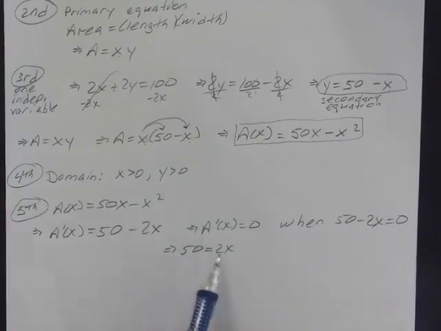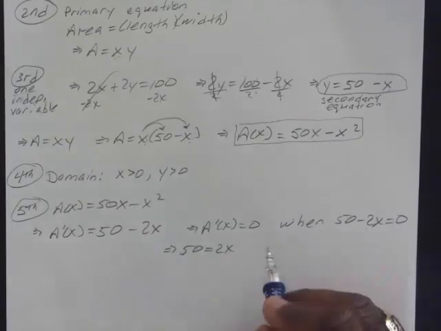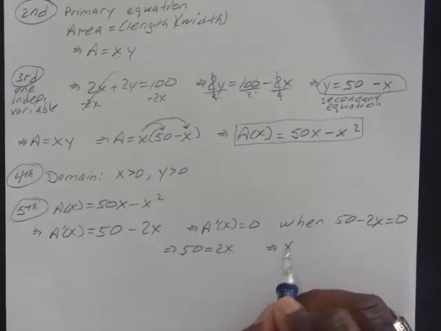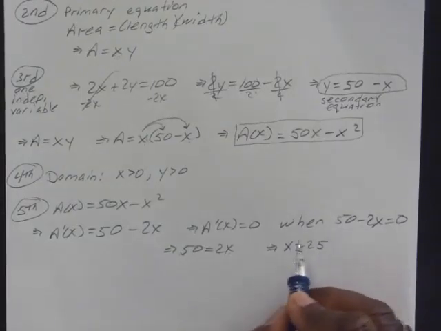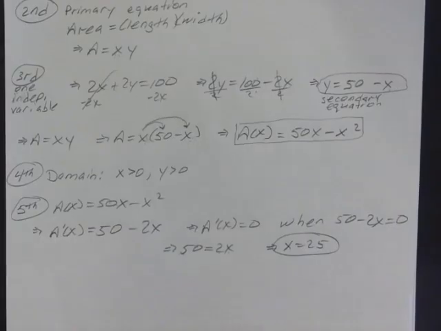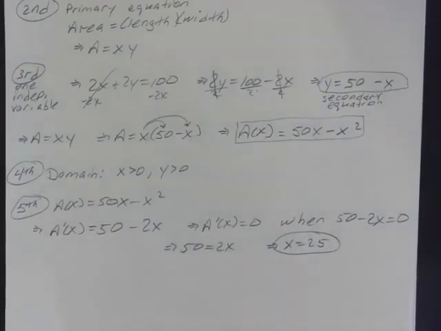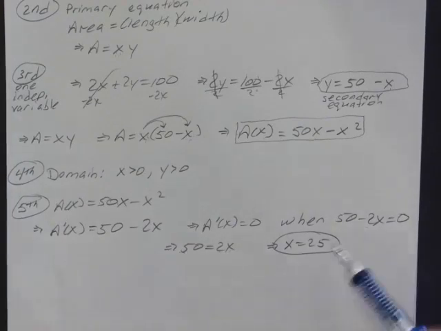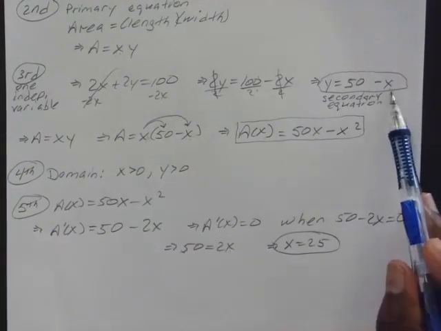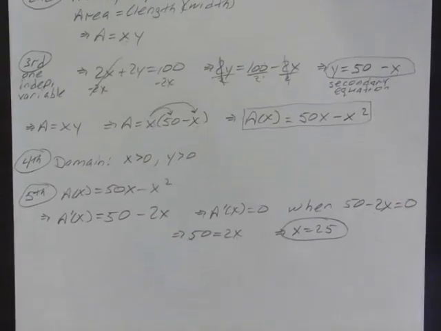So if we divide both sides by 2, we get 25 is equal to x, or x is equal to 25. And the good thing about your secondary equation is that you can get that value and just plug it in and solve for y.